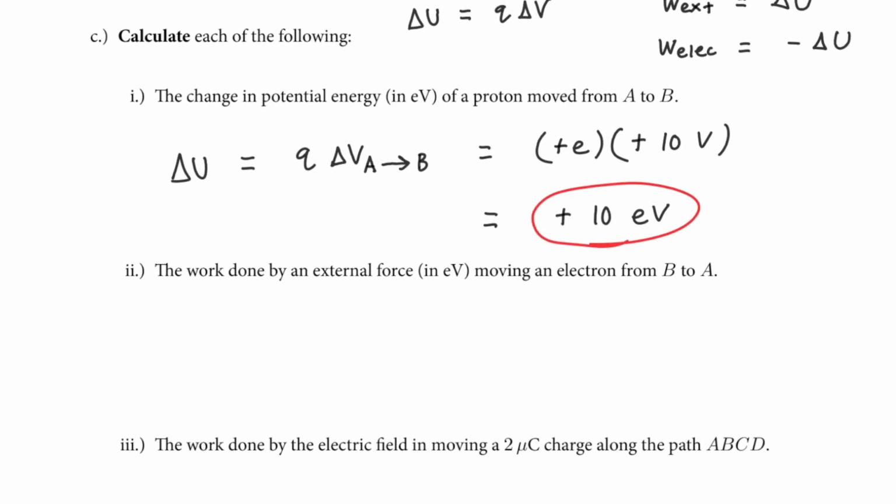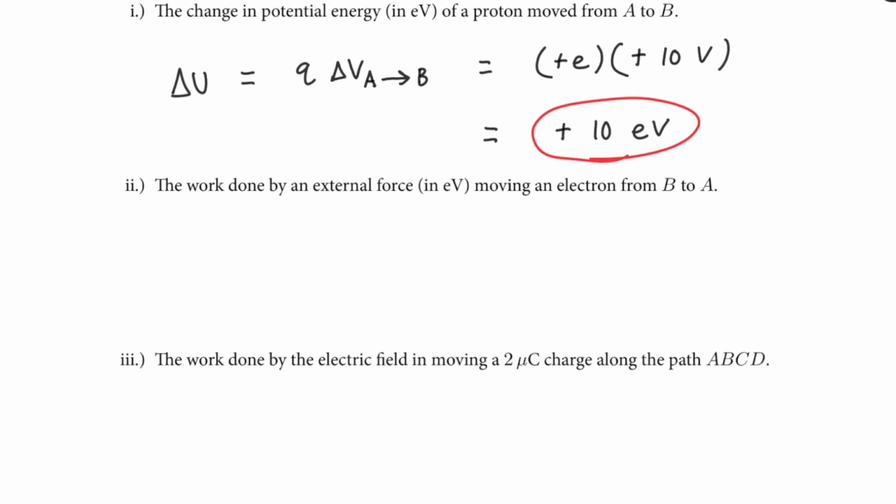Then we can look at the work done by an external force, in units of EVs, moving an electron from B to A. So the work done by external forces is the change in potential energy. So this would be, once again, Q times delta V, except we're going from B to A. So an electron is a negative elementary charge.